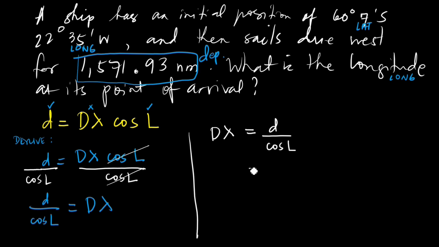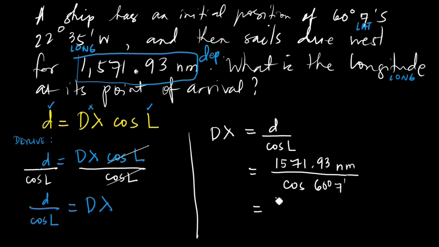Now let us substitute first. So the departure is 1571.93 nautical miles. And then we do have the cosine of the latitude, 60 degrees 7 minutes. Since the departure is in nautical miles, you need to convert this first. Okay, try to convert this.